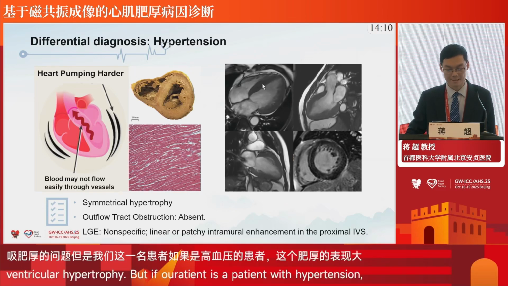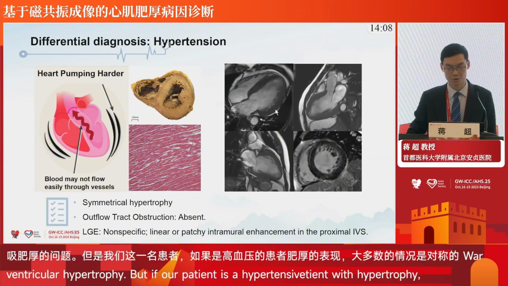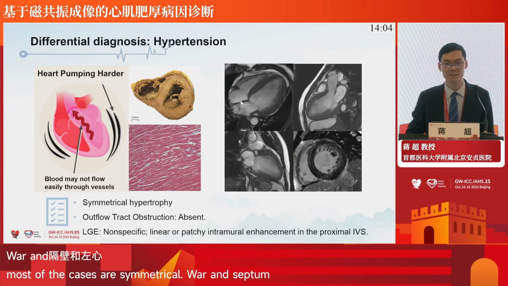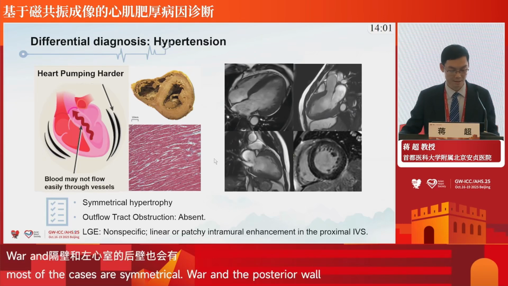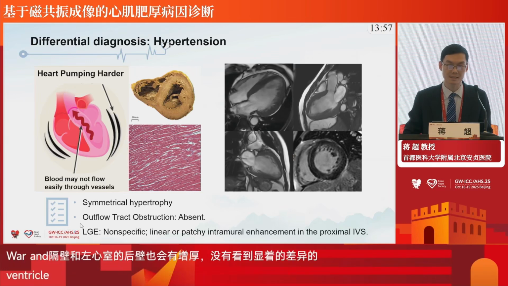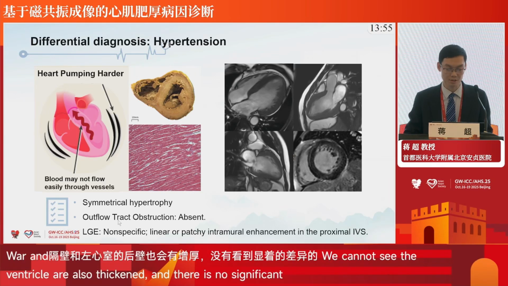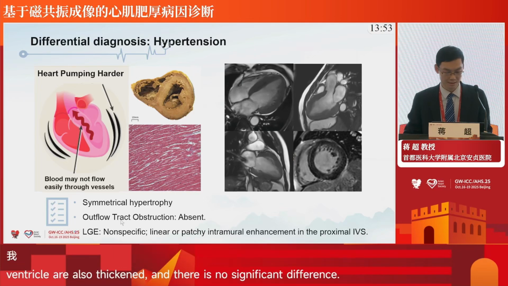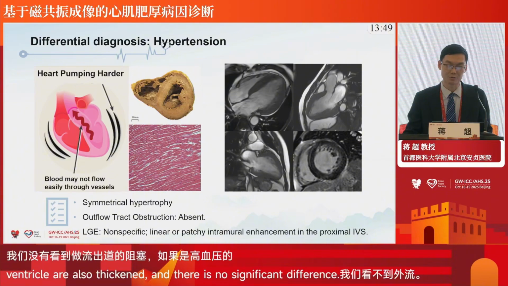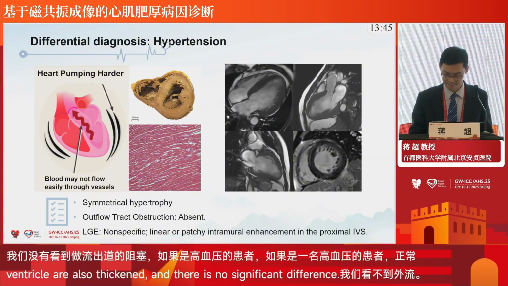The septal wall and the left ventricular posterior wall are both thick, and there is no significant difference. We cannot see outflow tract obstruction in patients with hypertension. And normally in patients with hypertension, we do not see much LGE.